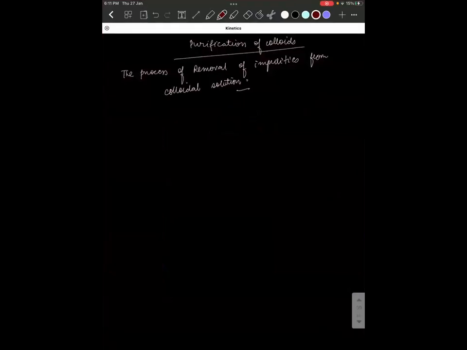So the process of removal of impurities from colloidal solution is known as purification of colloids, right?